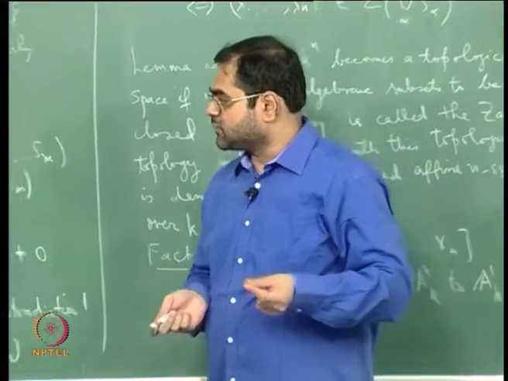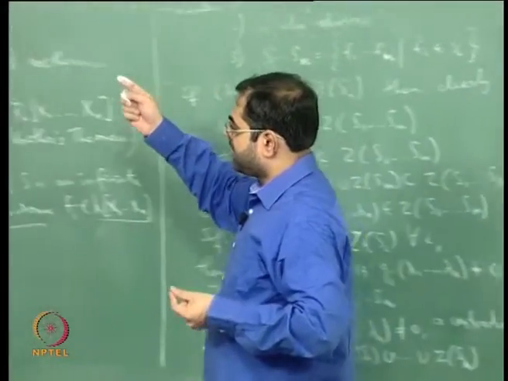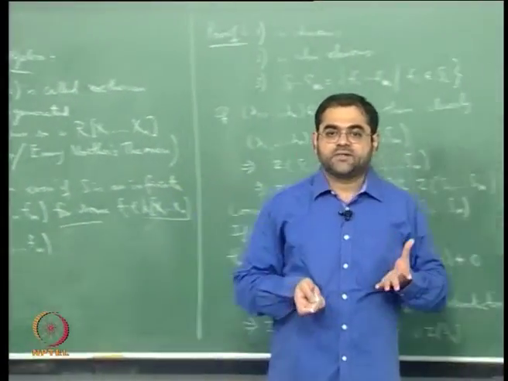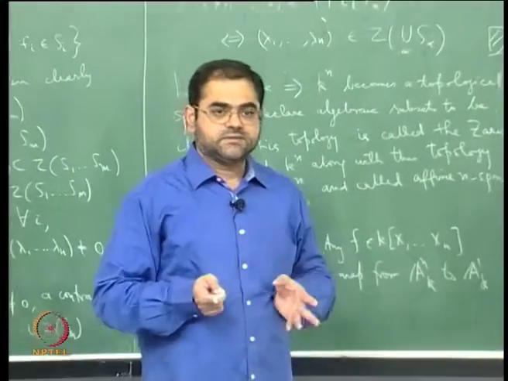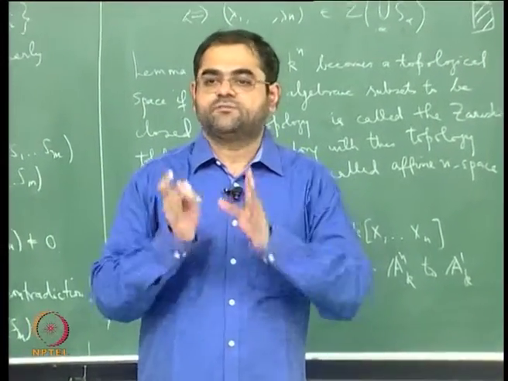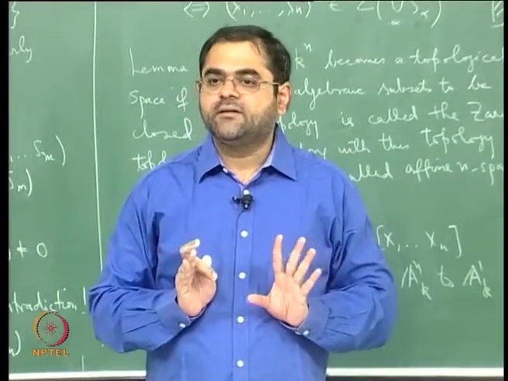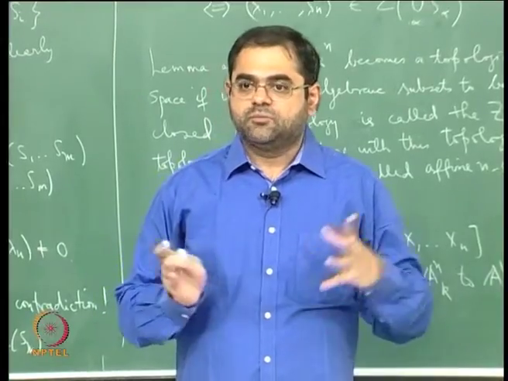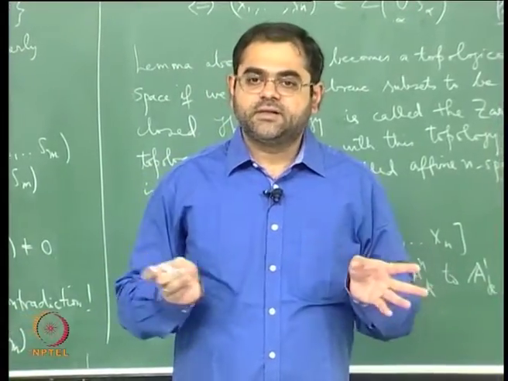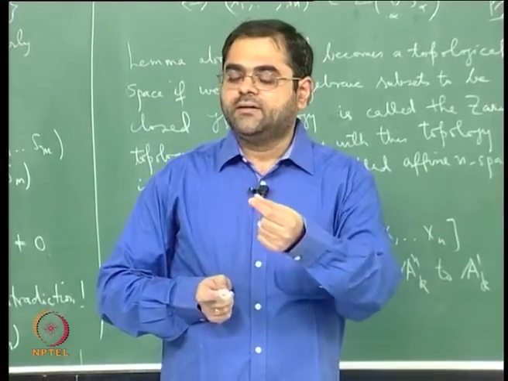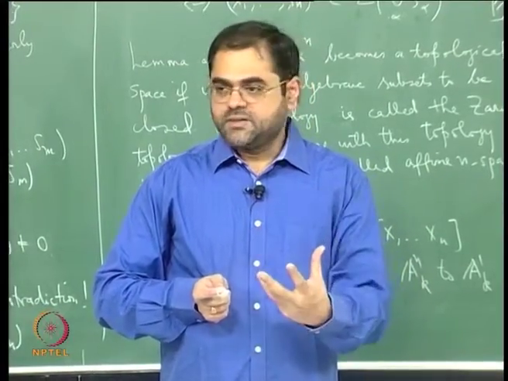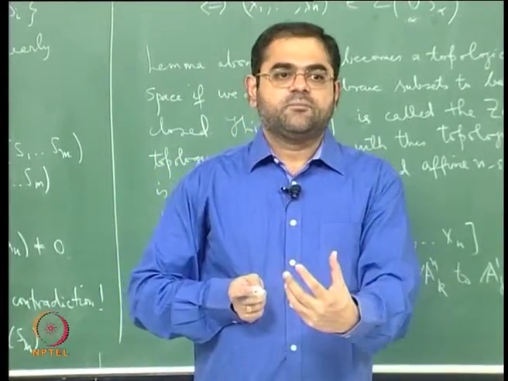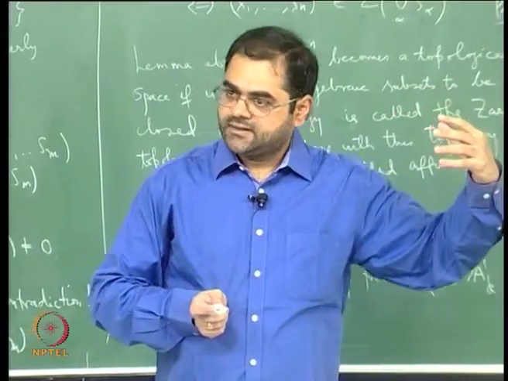So the moral of the story is, because of Hilbert's basis theorem, the closed sets you are looking at in affine space in the Zariski topology are just common zeros of finitely many polynomials. So you are simply studying finitely many polynomials. When you do algebraic geometry you are trying to look at the geometry of the set of common zeros of a bunch of polynomials, usually with coefficients in a certain commutative ring.